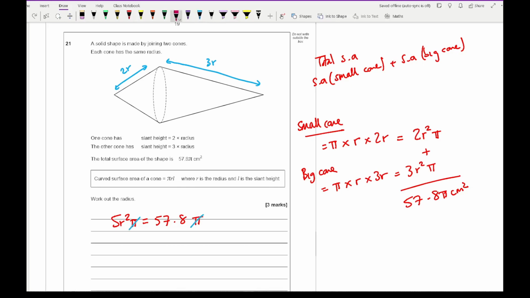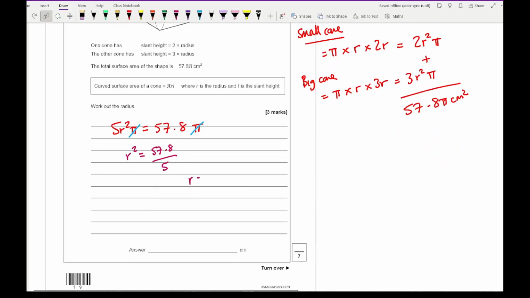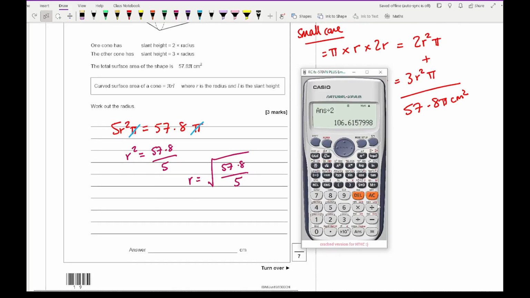Then I've got that r squared equals 57.8 divided by 5, and so therefore r equals the square root of 57.8 divided by 5. And if I put that into my calculator, square root of 57.8 over 5, I get a radius of 3.4.